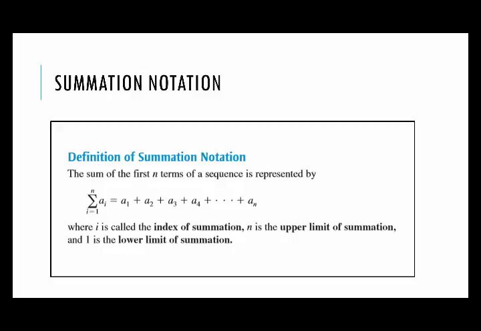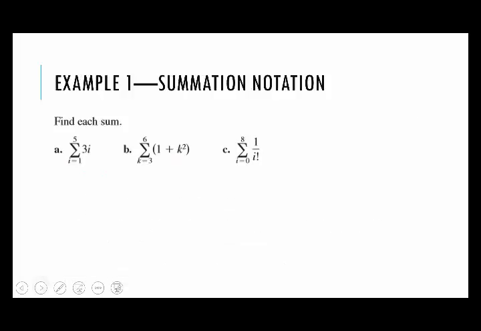So for example, back to our example from the last one of odd numbers, 1, 3, 5, and 7. Well, 1, 3, 5, and 7 are the first 4 terms, and if you had a sigma sign in front of that with the number 4 on top, then that would tell you to add the first 4 terms of a given sequence. So you'd have 1 plus 3 plus 5 plus 7, so you get an actual answer.